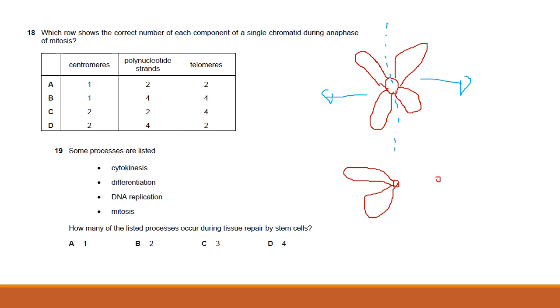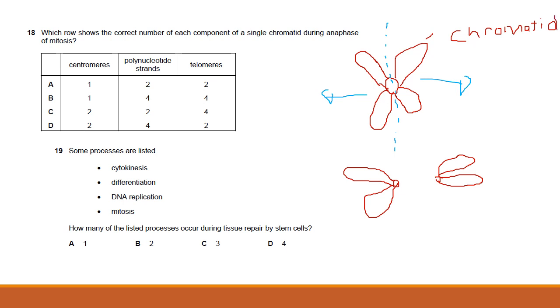So this half here is called a chromatid. And to form a chromosome, you need 2 sister chromatids. That's where that comes from, because you need 2 chromatids to form 1 chromosome.